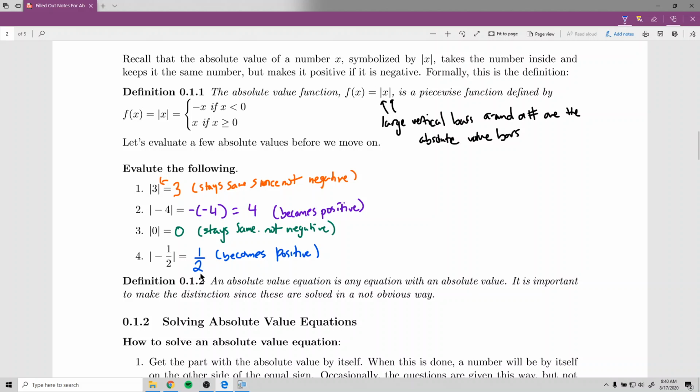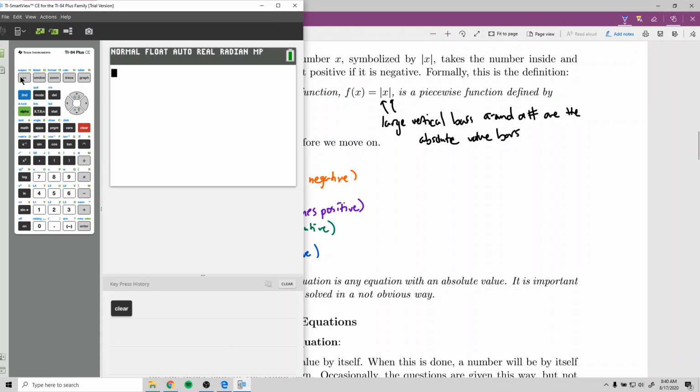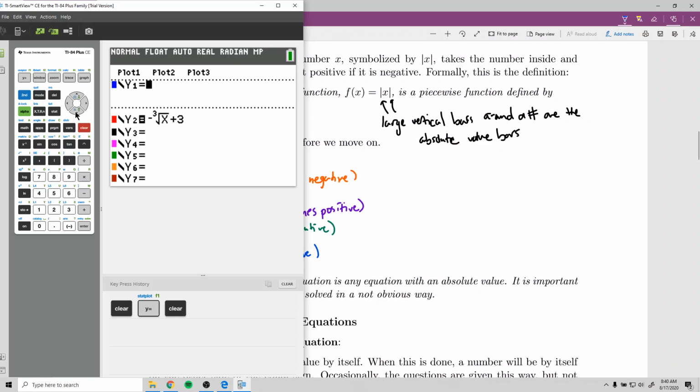Now, an absolute value equation is any equation that has an absolute value in it. It's important to make this distinction since these are solved in a not obvious way. So what I want to do is start by graphing the absolute value function for you.